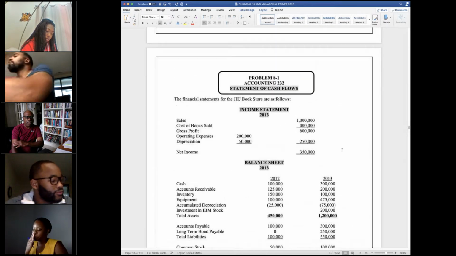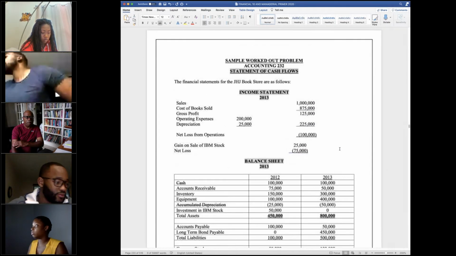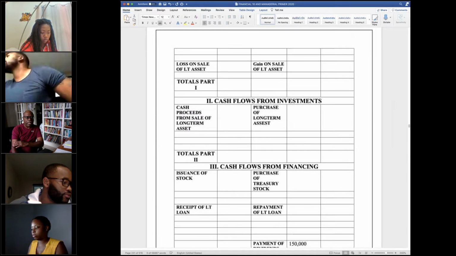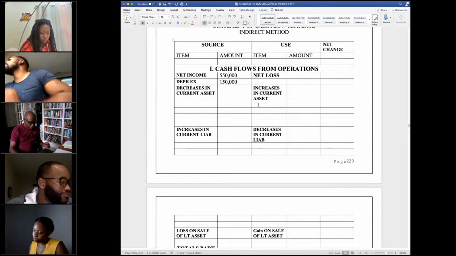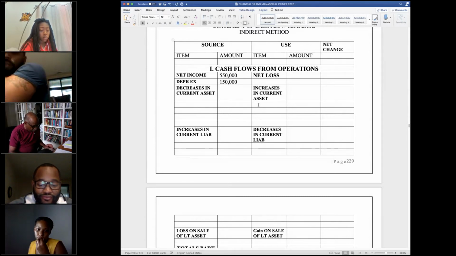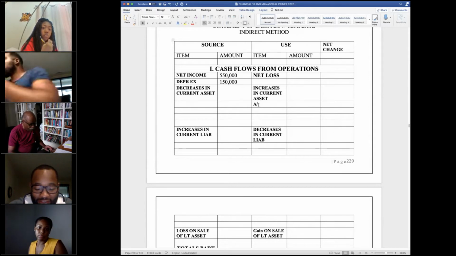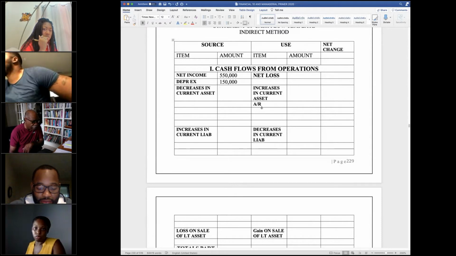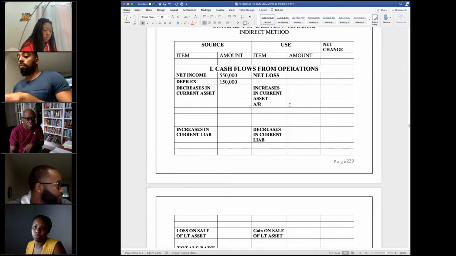So we're going to go up here to our blank sheet that we're working on. And we're going to say accounts receivable went up by 200,000. So we're just going to put a 200,000 here.